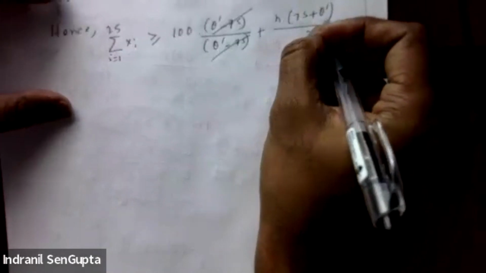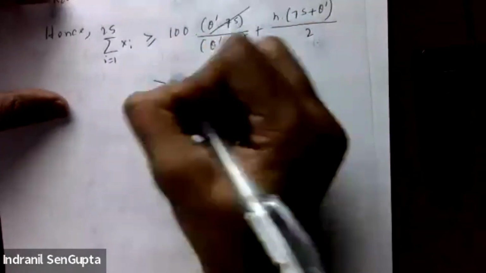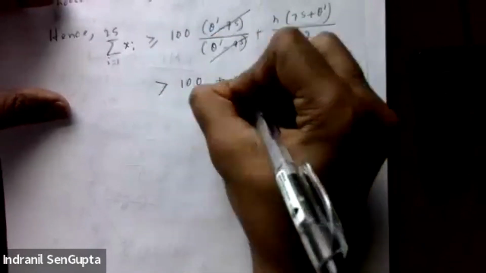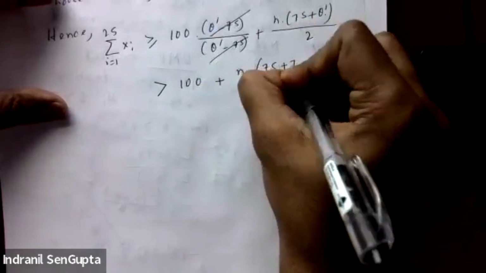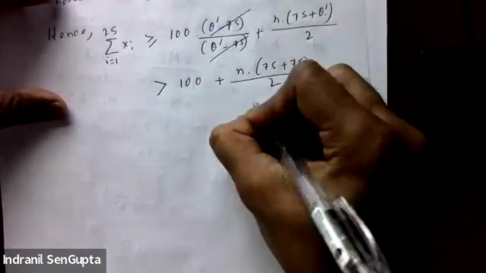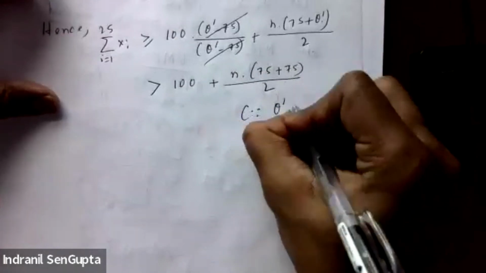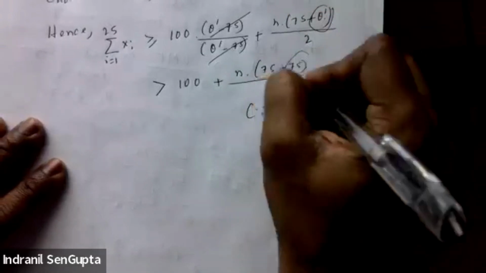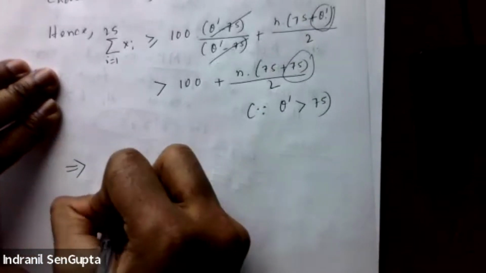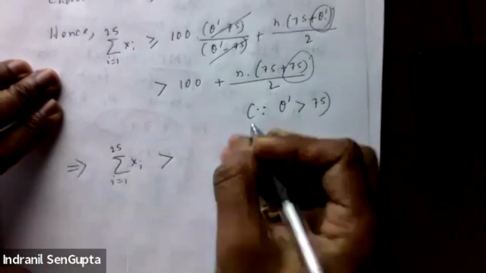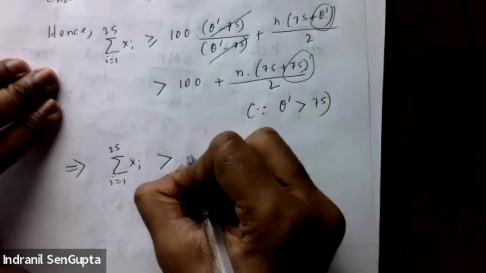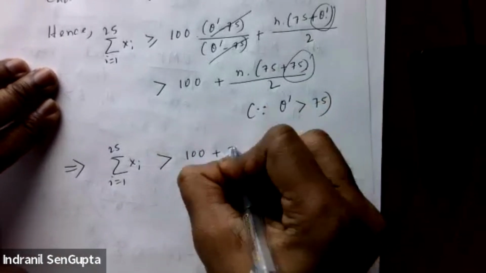So that means I can write this is bigger than, if I just replace this theta prime by 75, plus n times 75 plus 75 over 2, since theta prime is bigger than 75. So here is theta prime, here is 75. Therefore, I have summation xi, i from 1 to 25, is bigger than 100 plus, 75 plus 75 is 150 over 2, which is again 75, so it's 100 plus 75n.